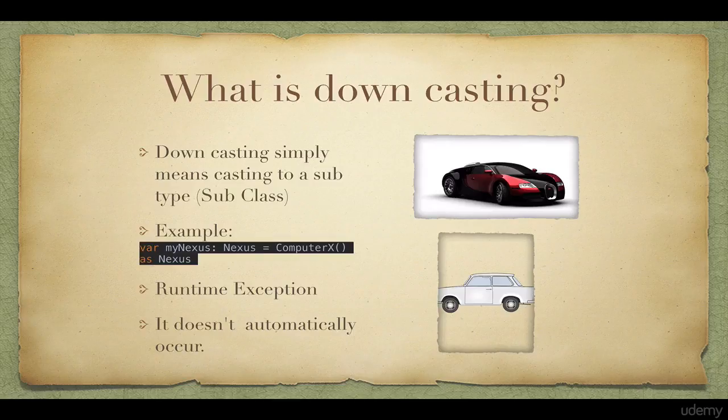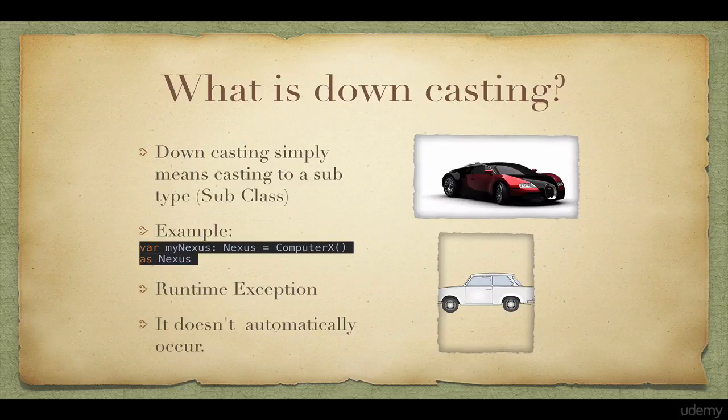Let me tell you that downcasting doesn't automatically occur. We have to downcast it explicitly. We have to say that we have a computer object and we are downcasting it by saying as Nexus. In other words, downcasting is a little risky.